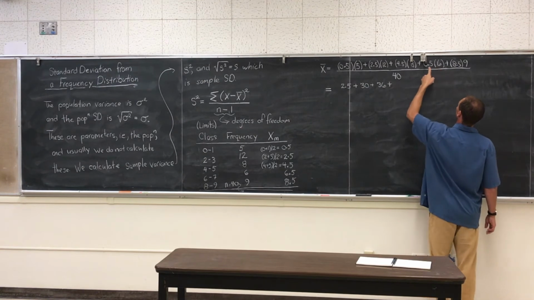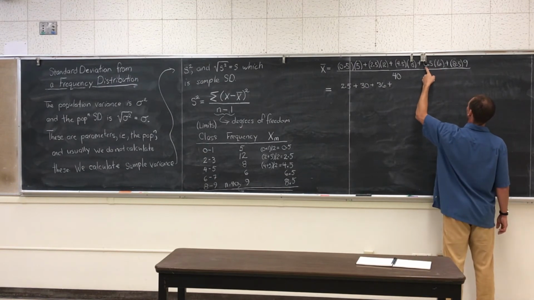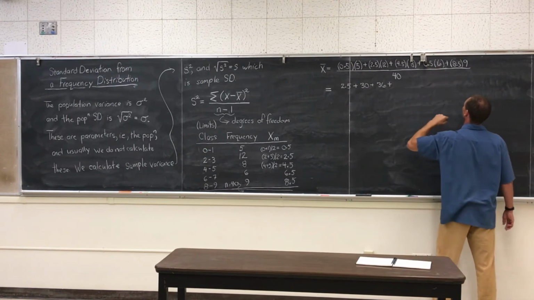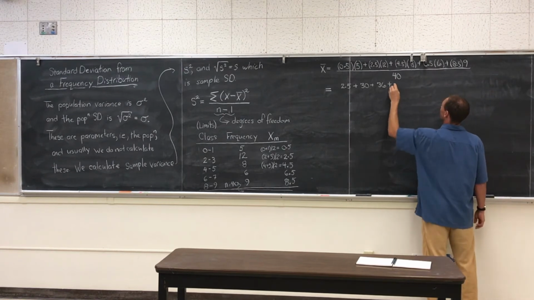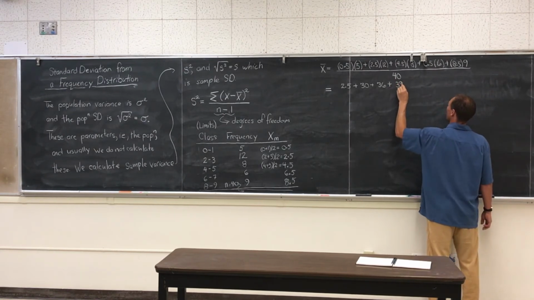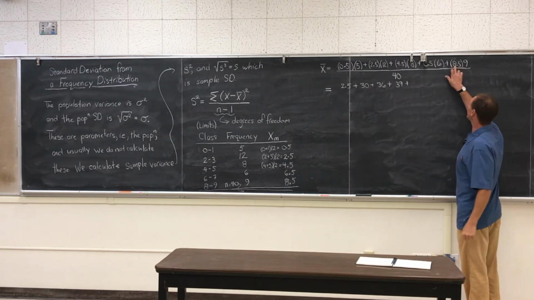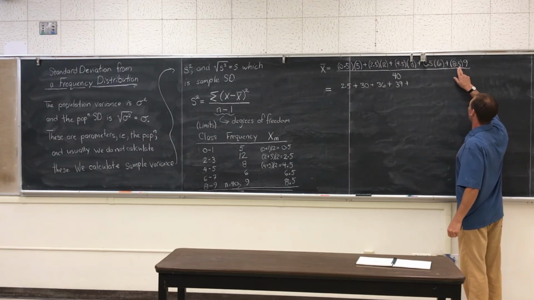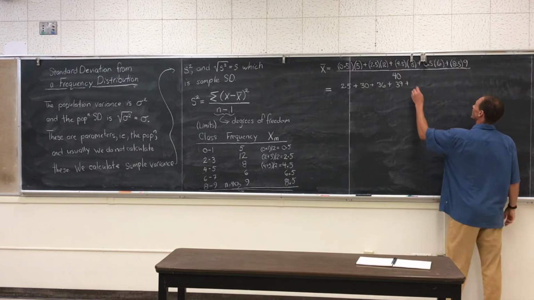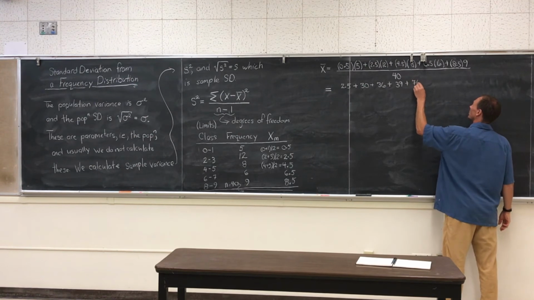Plus, then I take 6 times 6, that's 36, plus another half of 6, that's another 3, so 39. Plus, then we take 9 times 8, that's 72, plus half of 9 is 4.5, so that's 76.5. That's what I'm coming up with.